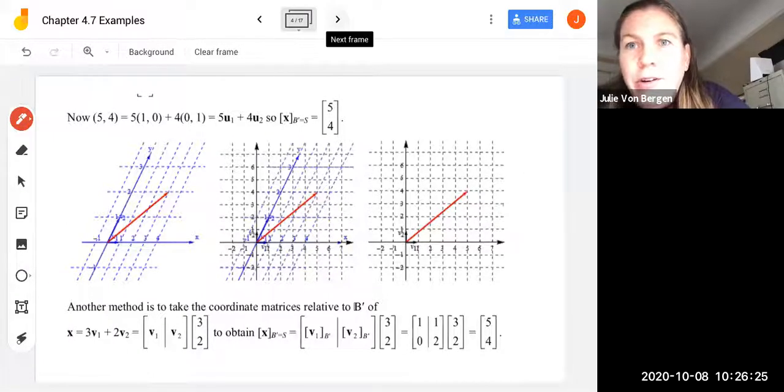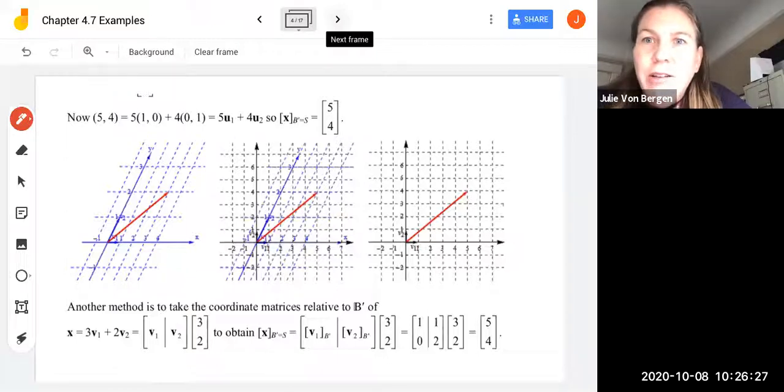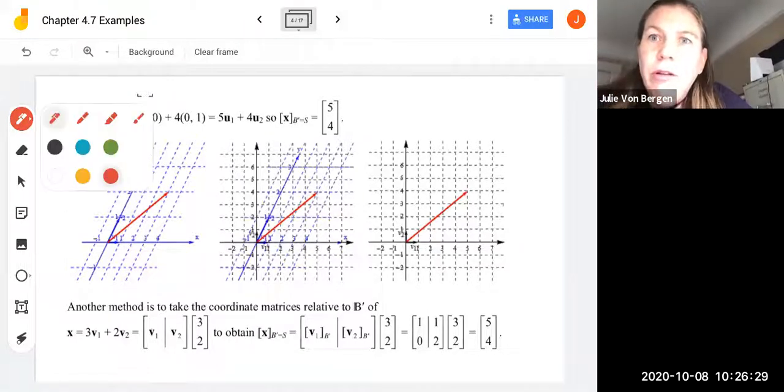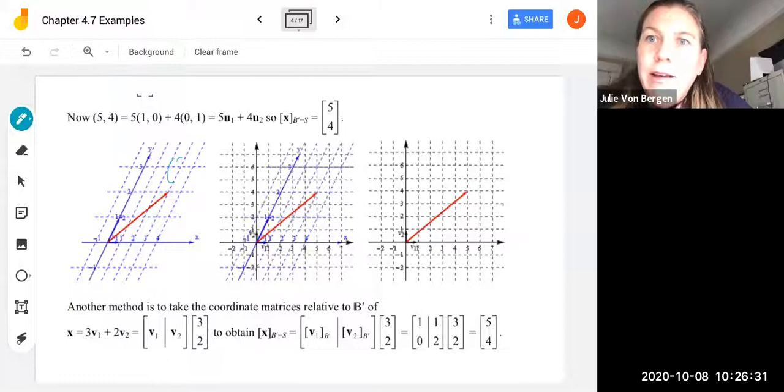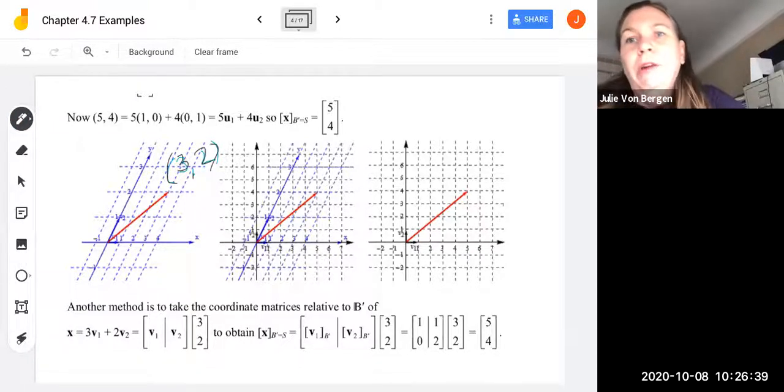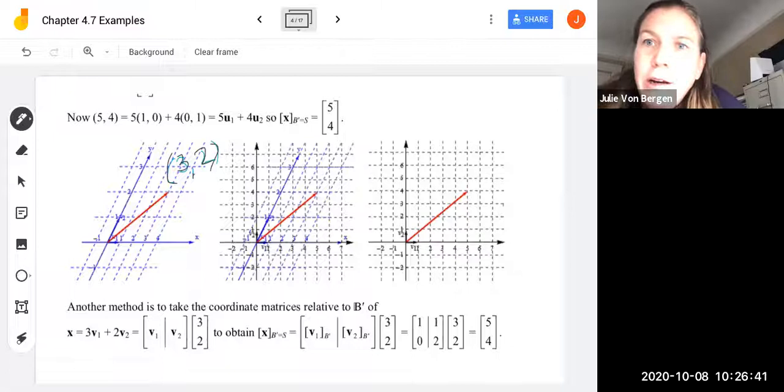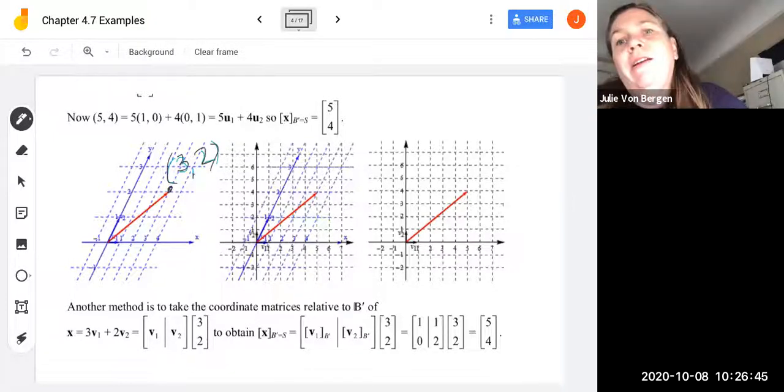So let's see, we start with the first vector here that's at (3, 2). Let's see, can you see my writing there? I'll switch over to black ink. So this point here, this is a vector because it's starting at the origin. And notice we're in this angled blue grid here.